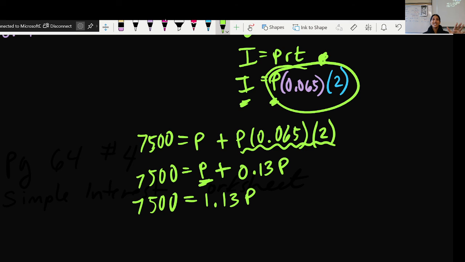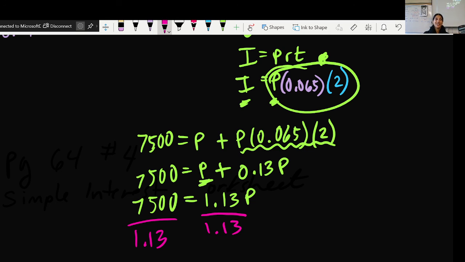Kind of making sense? Or is this crazy? Okay, know this. If it is crazy, don't worry about it. I've purposely chosen to do one of the difficult ones together. But if you're struggling with this, don't stress at all. We want to figure out P, so how do I get rid of this 1.13? Divide it by 1.13, which I better also do on the other side.